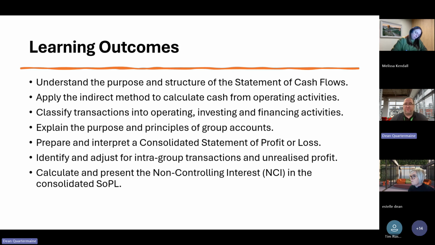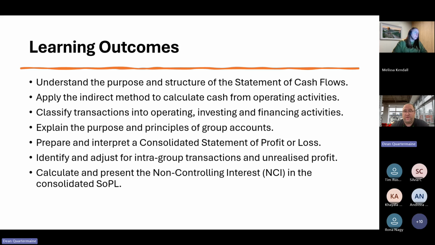Explain the purpose and principles of group accounts. So that's a reminder of the purpose and principles behind consolidated group accounts. And then, if you follow the principles we're going to look at, you'll be able to prepare and interpret a consolidated statement of profit or loss.